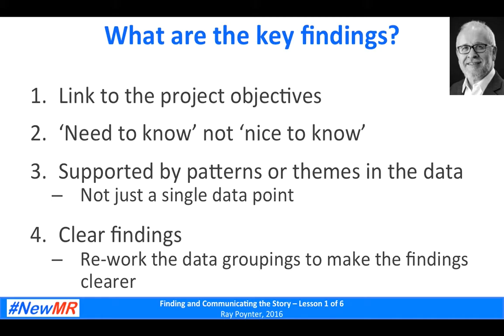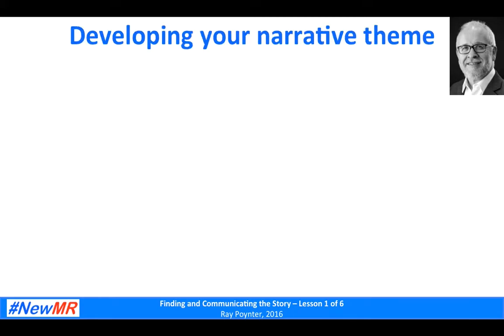And clear findings. Sometimes that means reworking the data groupings to make them clearer. If you find that young people like this particular proposition more, and you find that men like this proposition more, have a look to see if young men are an even clearer expression of support for this group. Those are the sorts of regroupings I'm talking about to make those findings stronger and bigger.